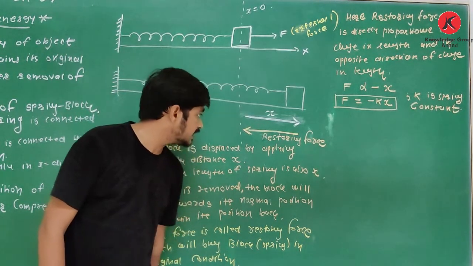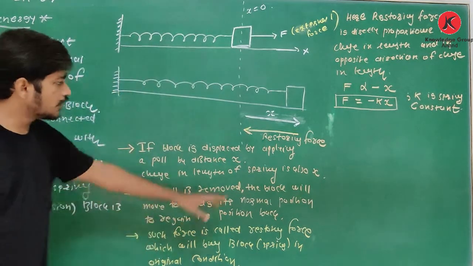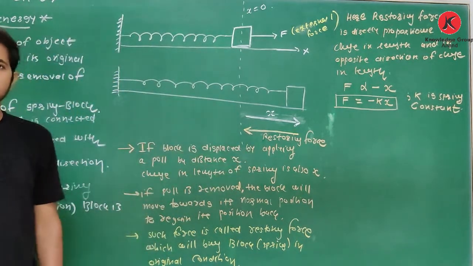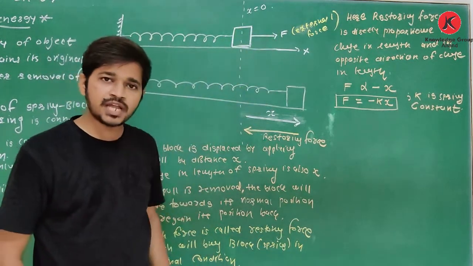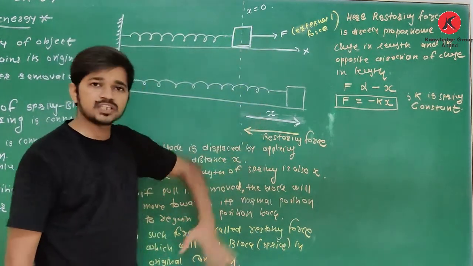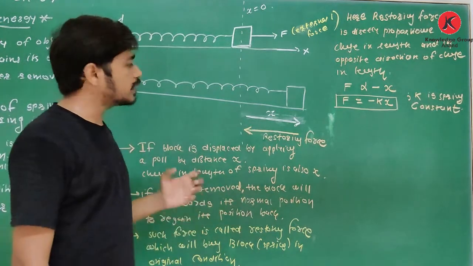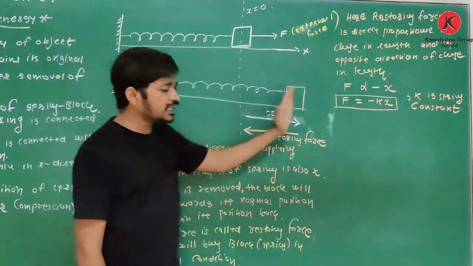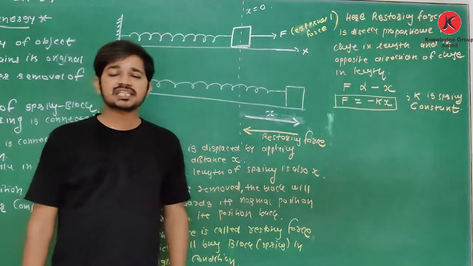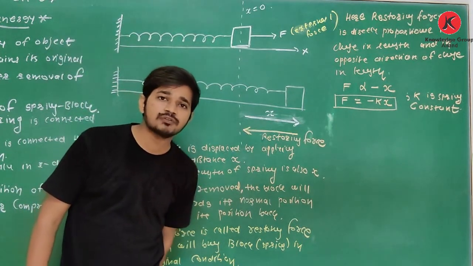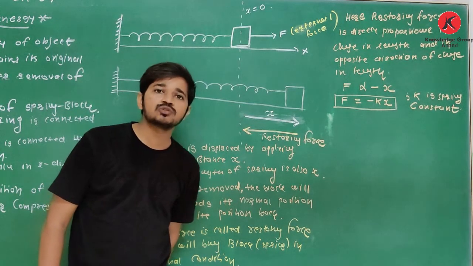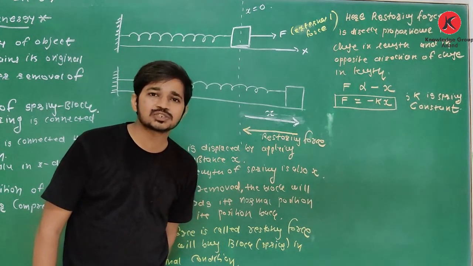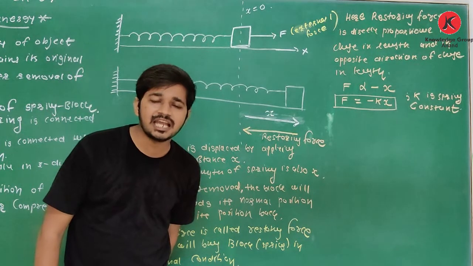Here it is due to restoring force. As gravitational force always pulls the object in the downward direction, restoring force always pulls the spring to its normal condition. So if we want to change the length of the spring, we have to do some work, and that work is stored as potential energy.